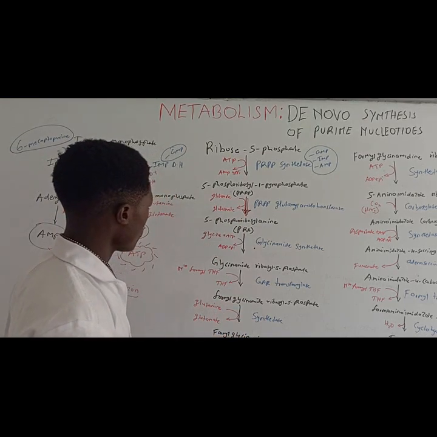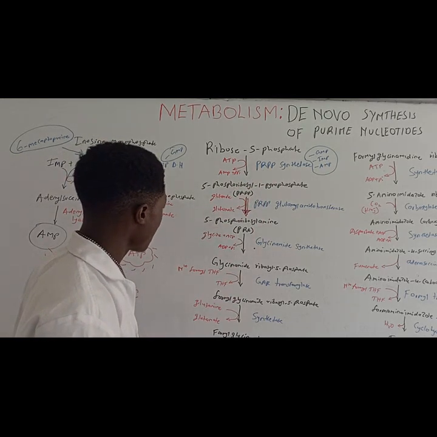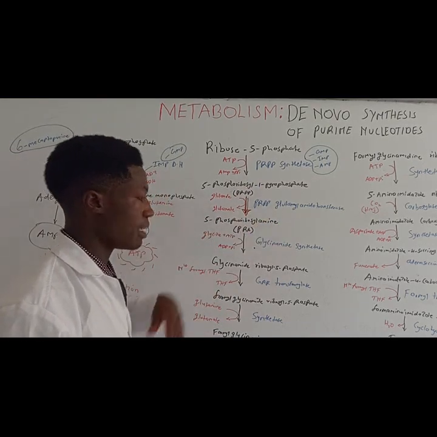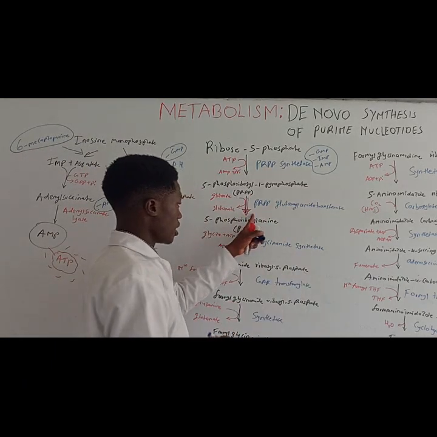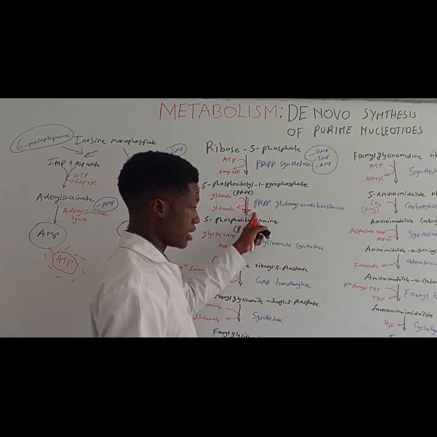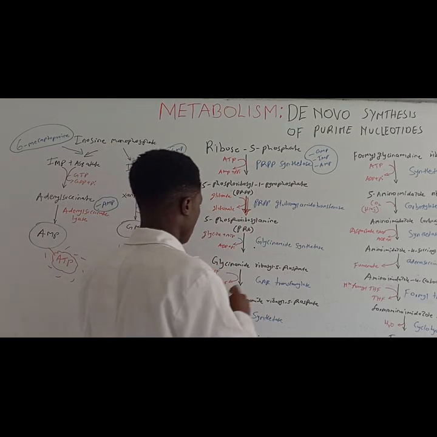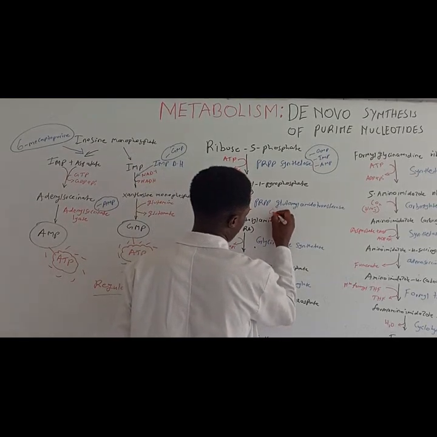Alright. The PRPP synthetase can also activate this particular enzyme, the PRPP glutamyl amidotransferase. So you can stimulate, because remember I told you this is a committed step in this particular pathway. That's why I used this thick line to show it's a committed step.